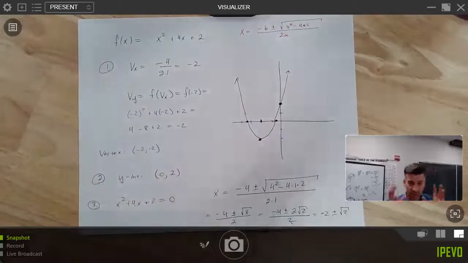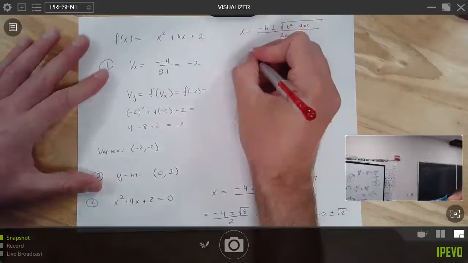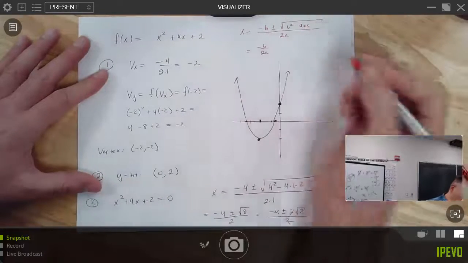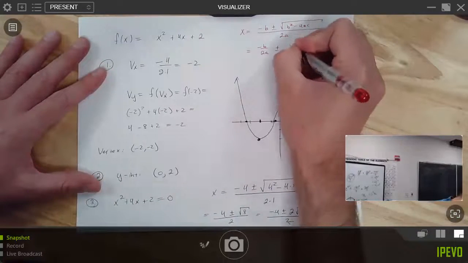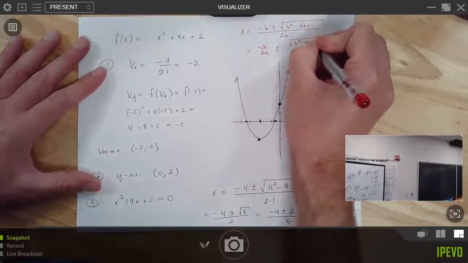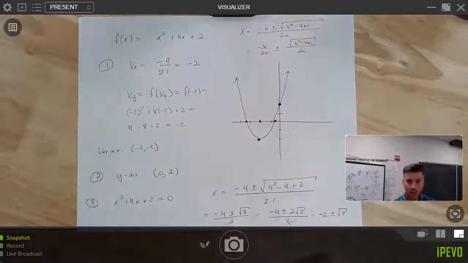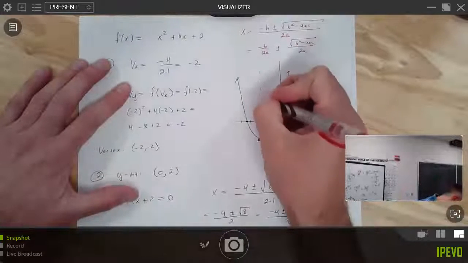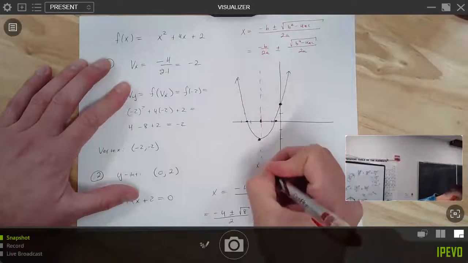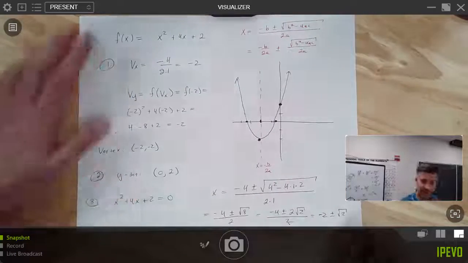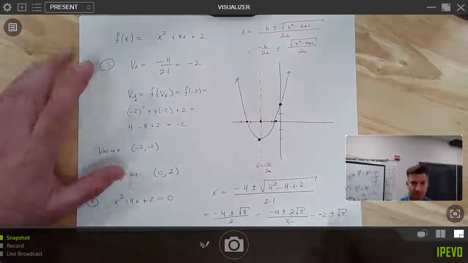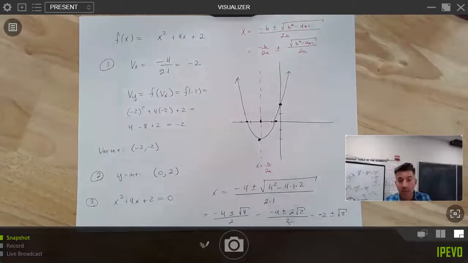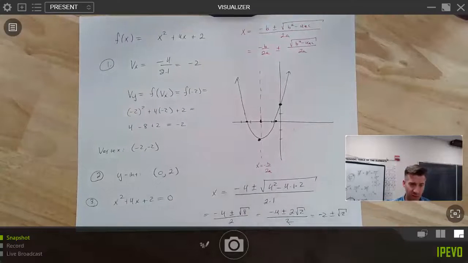If you break that up into two fractions, it's negative b over 2a plus or minus the square root of b squared minus 4ac all over 2a. So this is the negative b over 2a axis of symmetry. And then to find the x-intercepts, you're just going the same amount to the right and the same amount to the left. That's another way to really convince yourself that negative b over 2a really is the x coordinate of the vertex always.